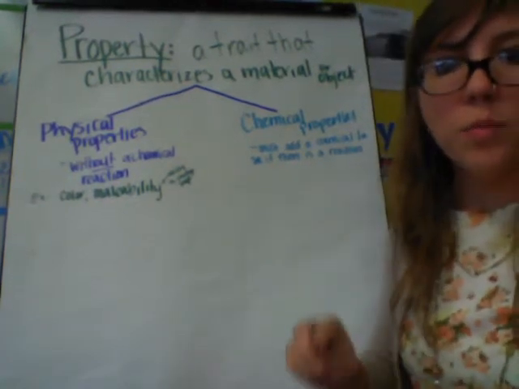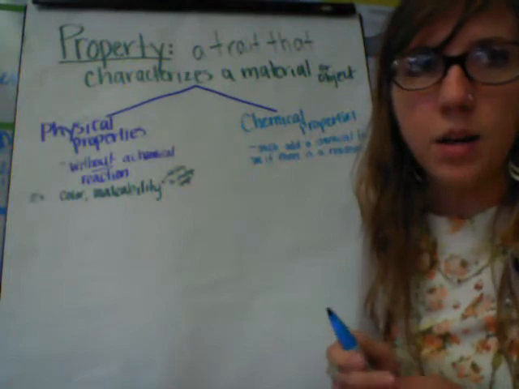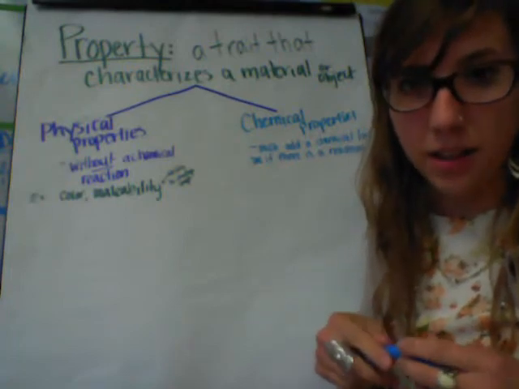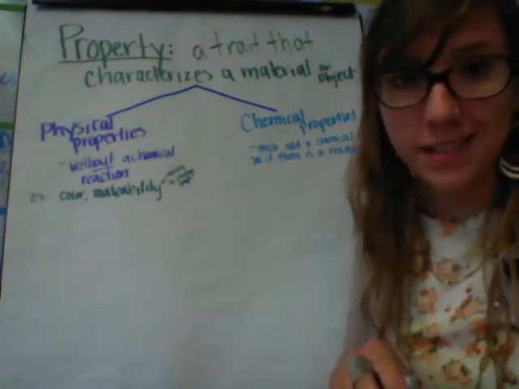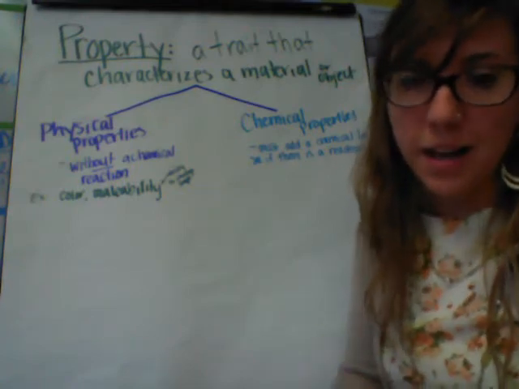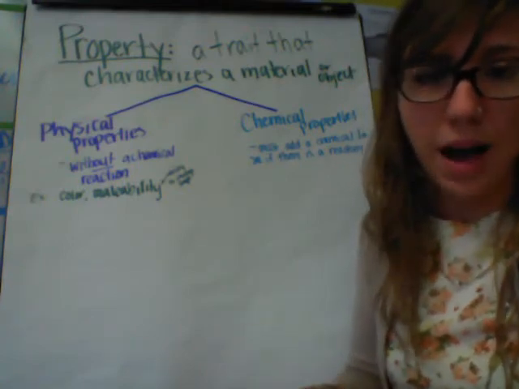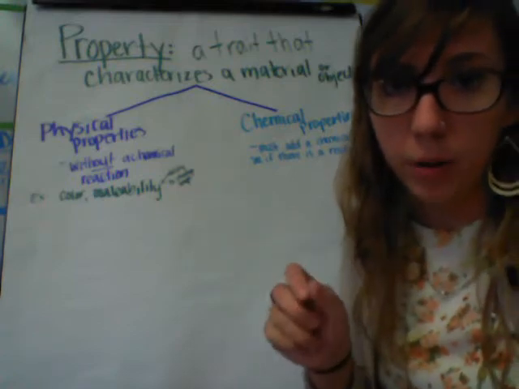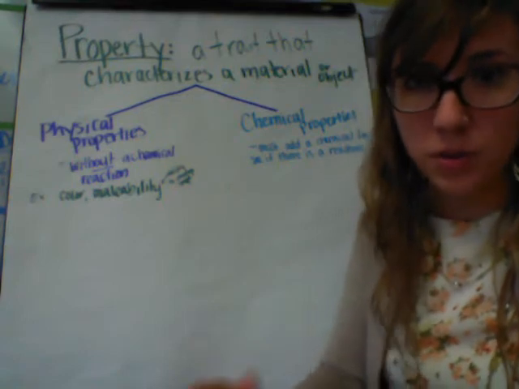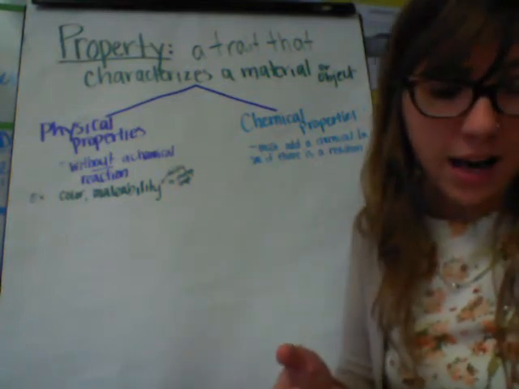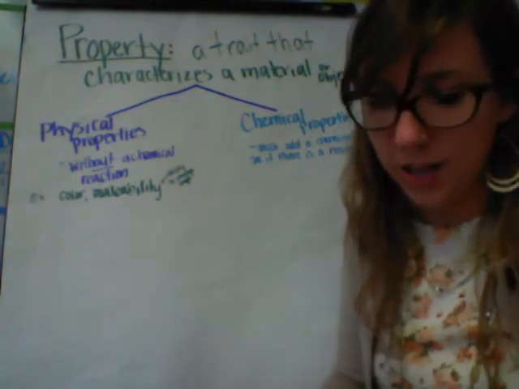Now, you might remember, was it Lab 6 that we did in our last unit? Lab 6 demonstrated some chemical properties. When you added certain chemicals, it would bubble or fizz, it would change temperature. Those are some really good indications that a chemical reaction is happening.